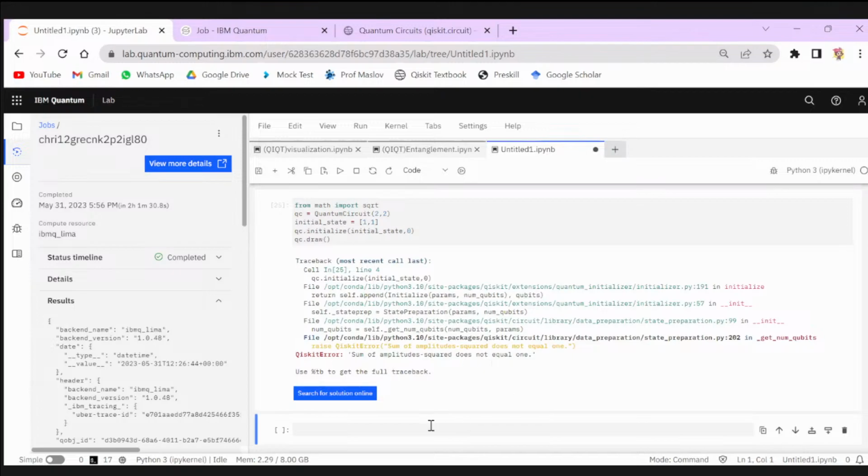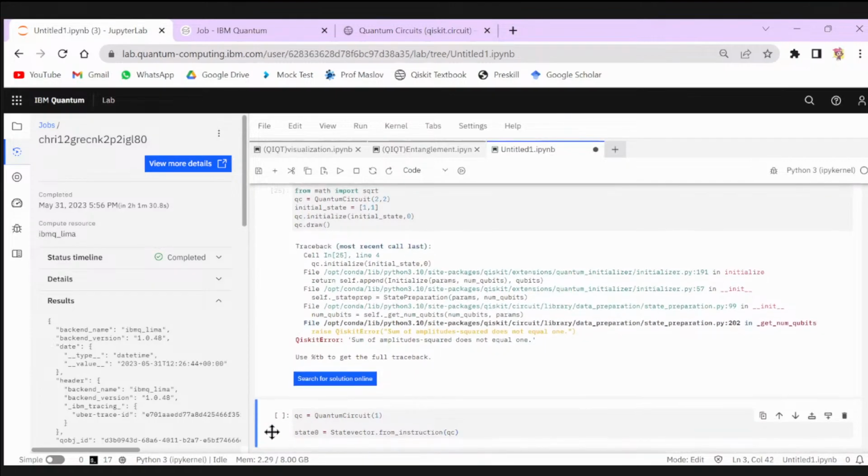So let's define a quantum circuit. Consider the first state was state 0. So with this state function, you can get the state vector.